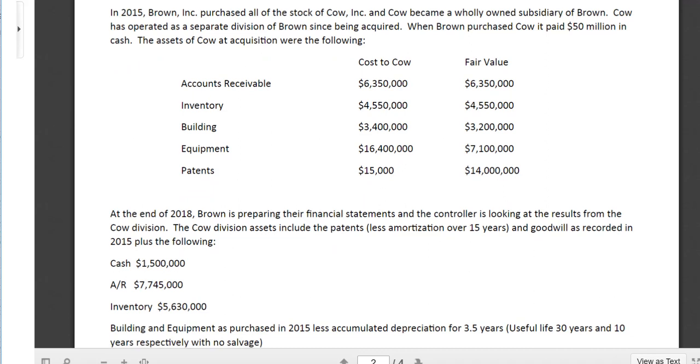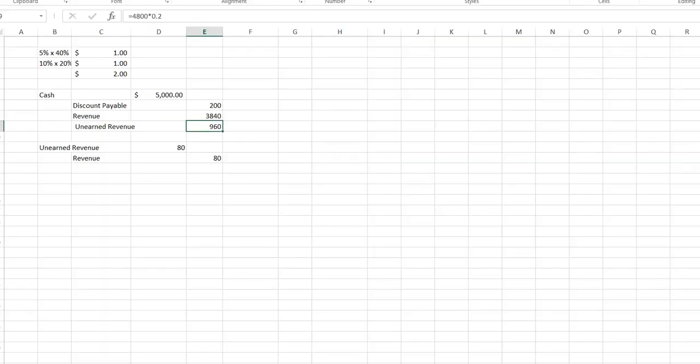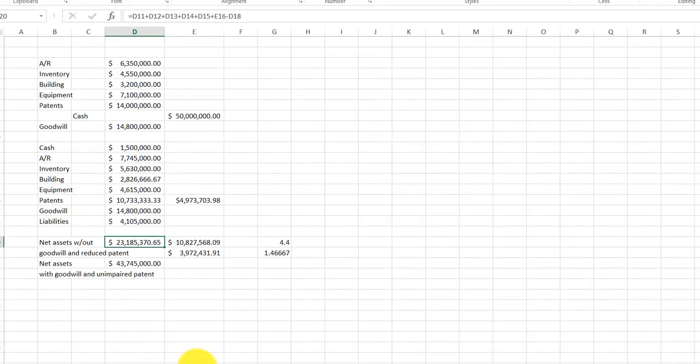Now, problem 2 has to do with buying another company. We talked about in the acquisition of assets that when you buy another company, you record it at its fair value, not at cost.